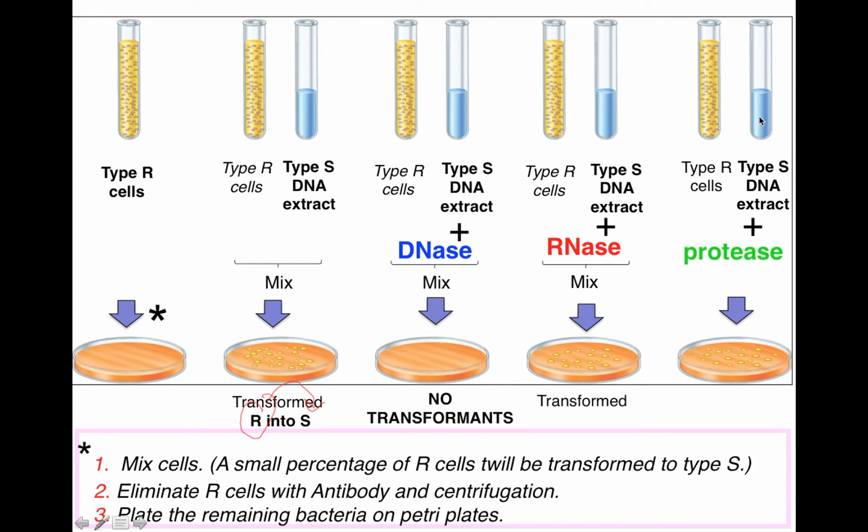So if you eliminate the protein, the DNA that's still remaining in their extract was able to transform the R cells into S cells, and they were able to culture their S cells. So that was a very good demonstration that DNA was probably the genetic material that was able to transform R cells into S cells.